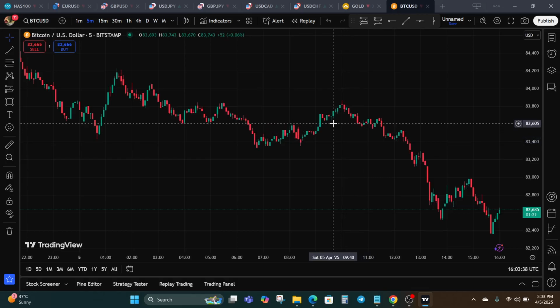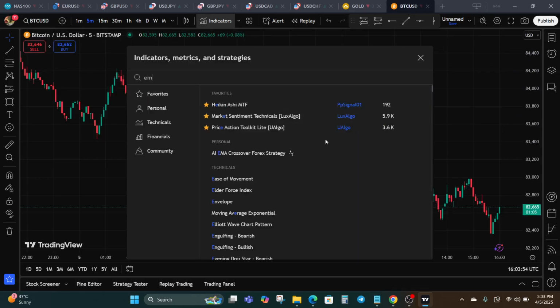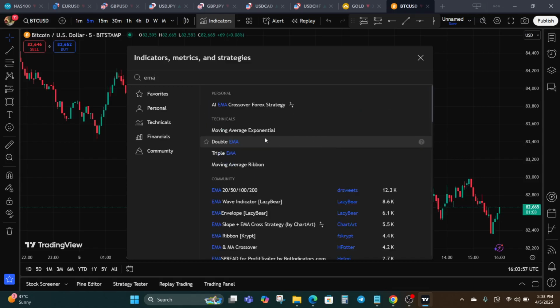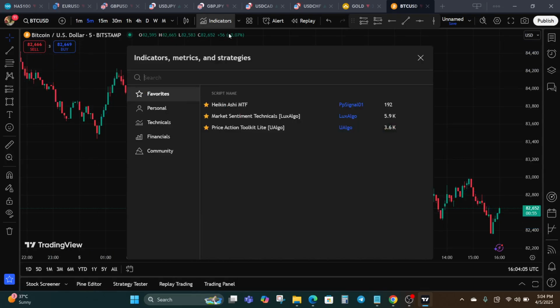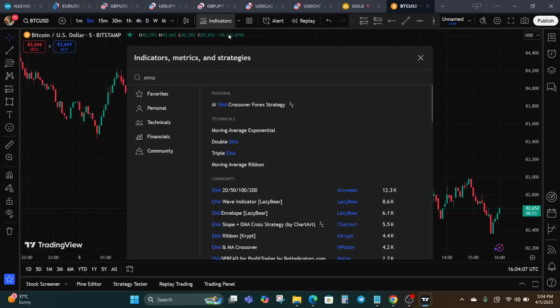Now that we understand why the 5-minute chart is important, let us set up our chart. For this strategy, we will need a few essential indicators. We are going to be adding the 9 EMA and 21 EMA, and we are also going to be adding the RSI.